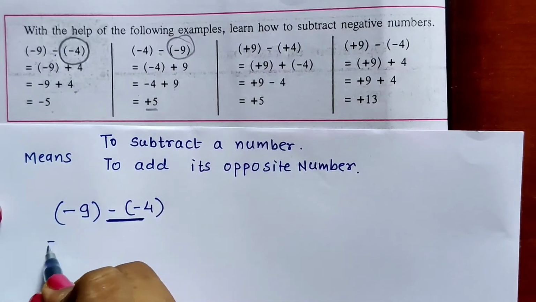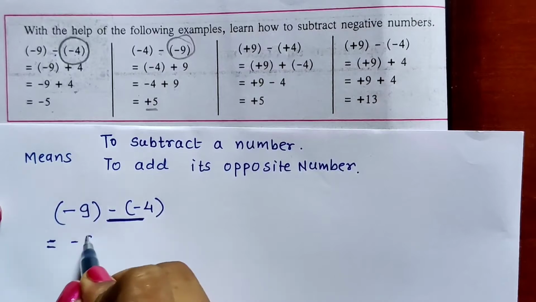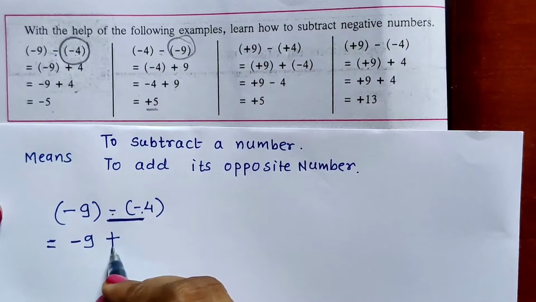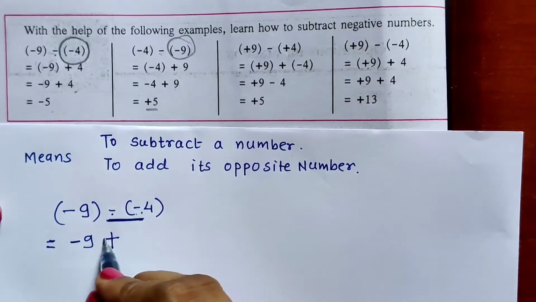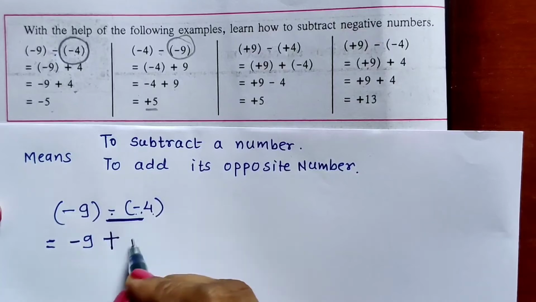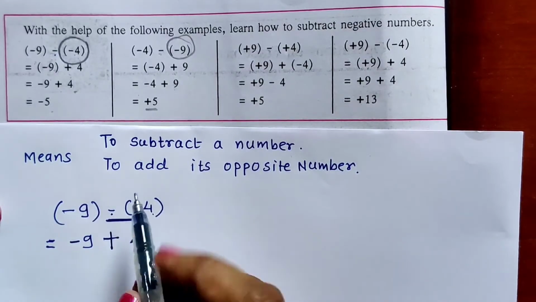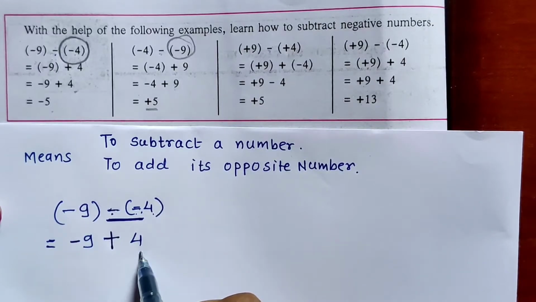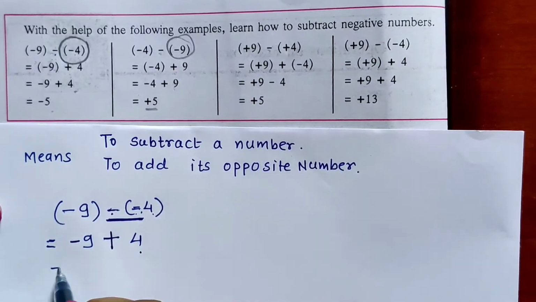So the first minus 9 we write as it is, and minus minus we make one sign, plus, and then write this 4. So minus 9 plus 4.